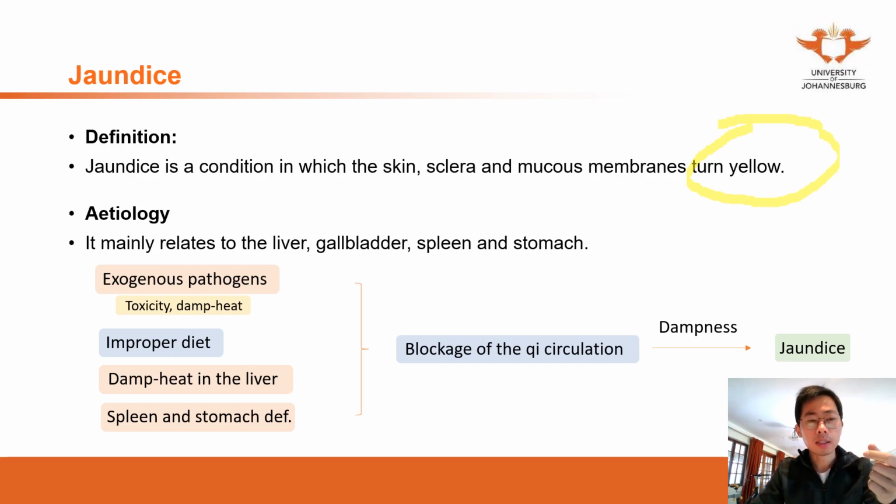Secondly, in the Ming Dynasty, about 700 to 800 years ago, the author Zhang Jingyue proposed in his books that jaundice is the leaking of the gallbladder juice.